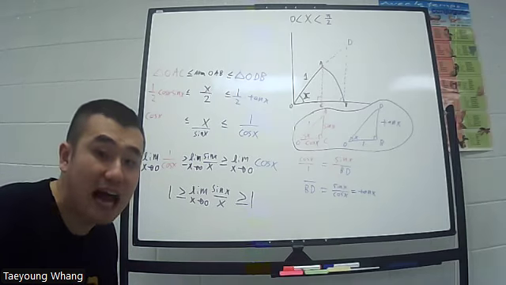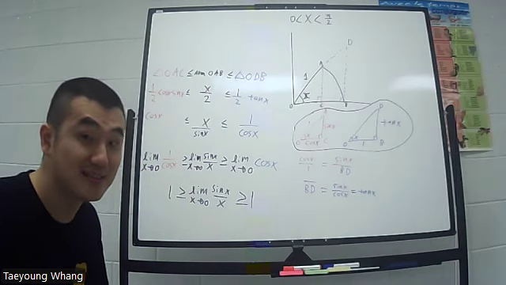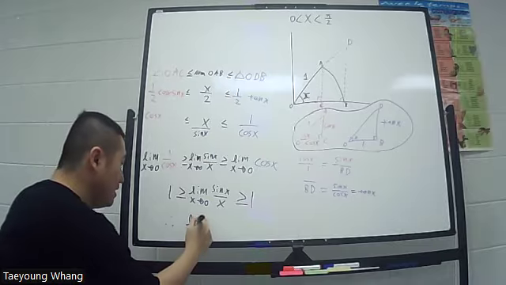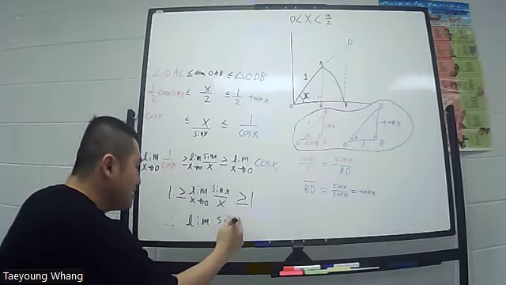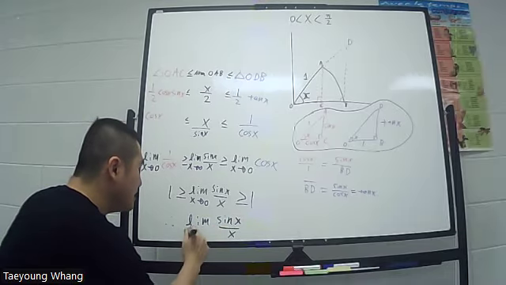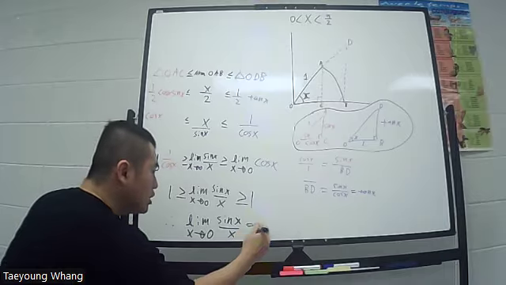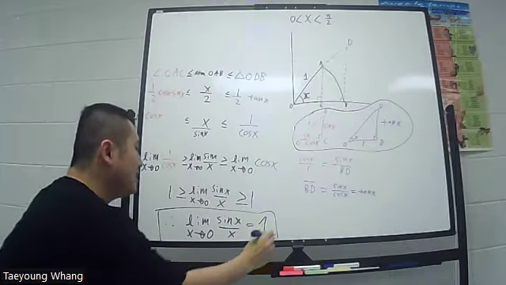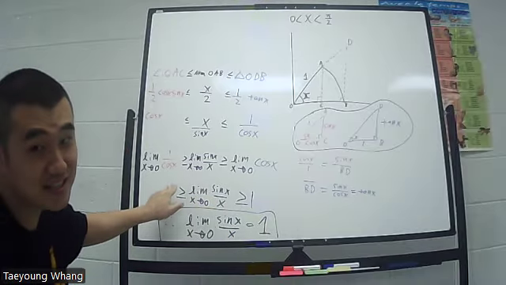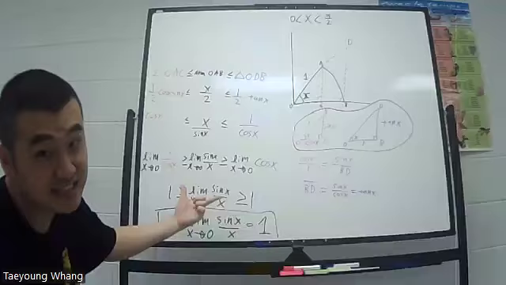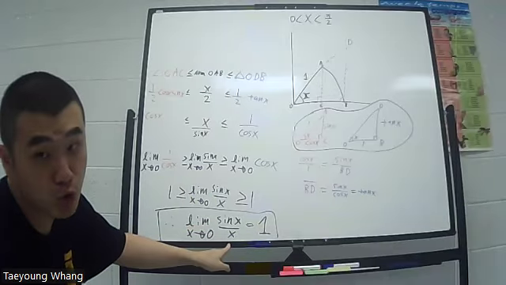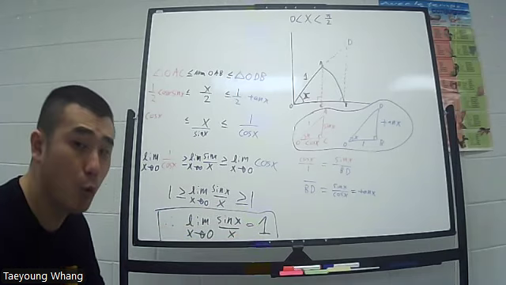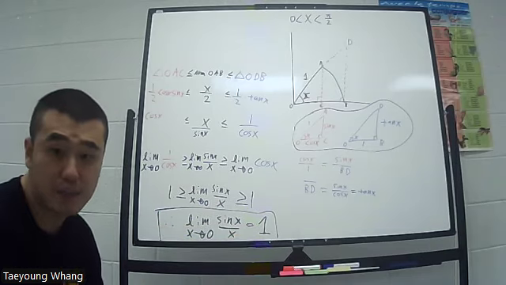Then what is the only value that satisfies this? Therefore, the limit of sine x over x as x approaches 0 equals 1. Because if a certain value is less than or equal to and greater than or equal to the exact same number, then by the rule of inequalities, it equals that value. That is the only value that satisfies my inequality.